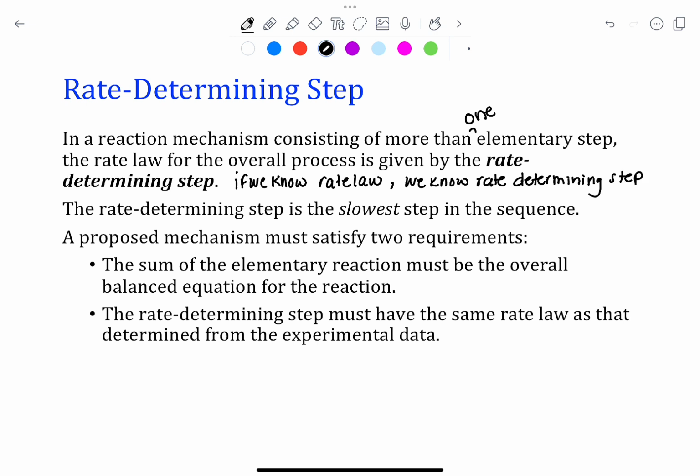And you can think about it kind of generally. The rate is going to be determined by one step, and that's going to be the slowest step possible.